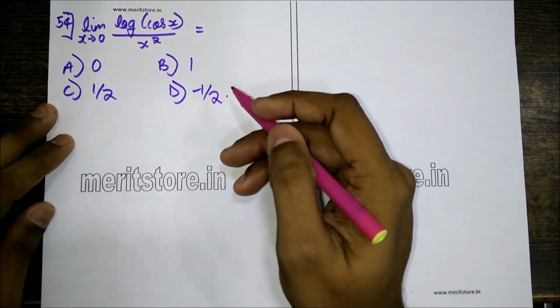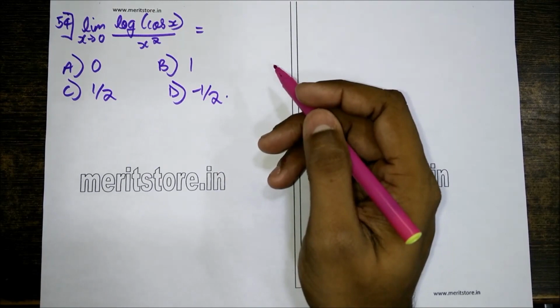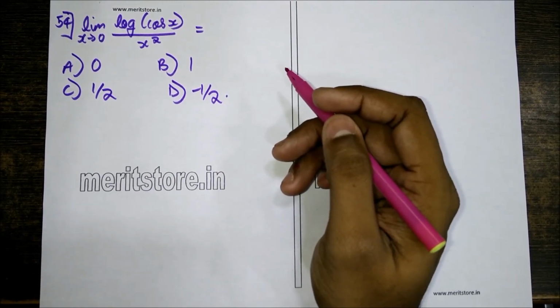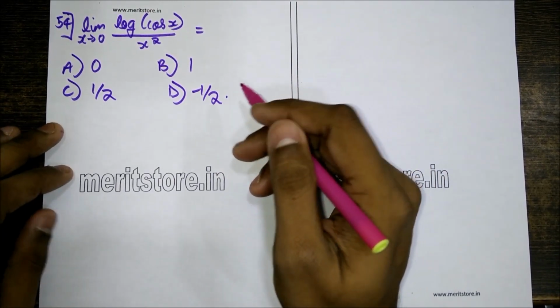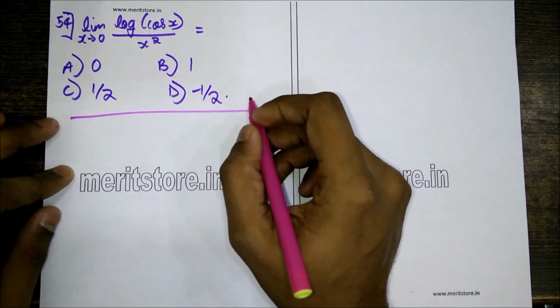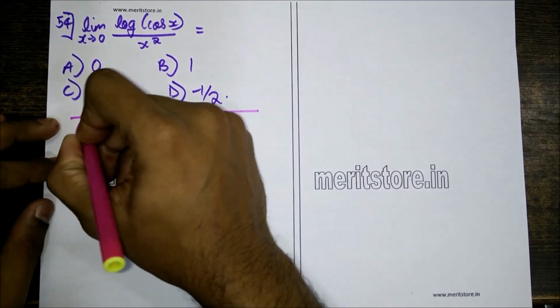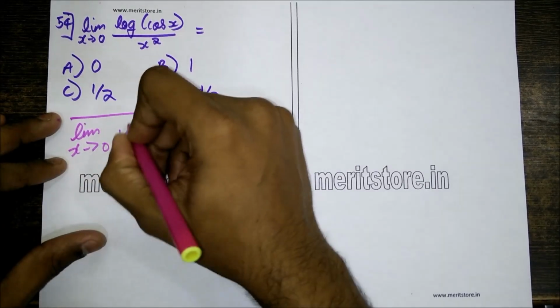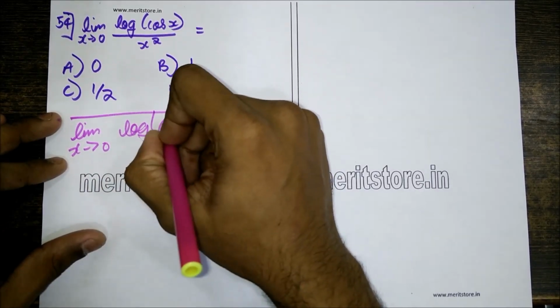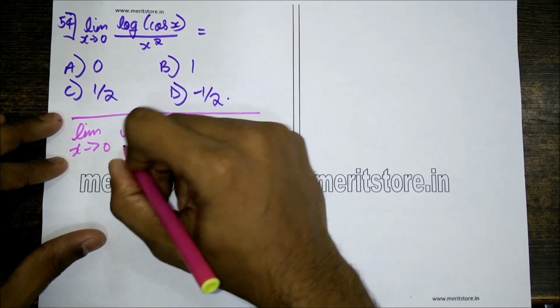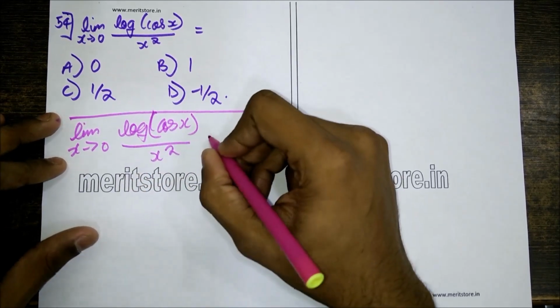Limit of x tends to 0 of log of cos x by x square equals a) 0, b) 1, c) 1 by 2, or d) minus 1 by 2. Now applying L'Hopital's rule, we get limit of x tends to 0 of log of cos x by x square.